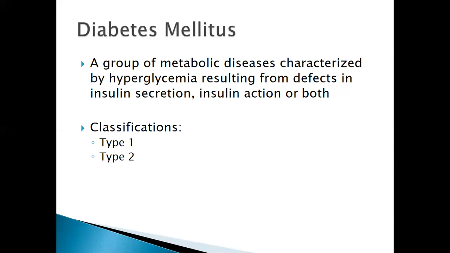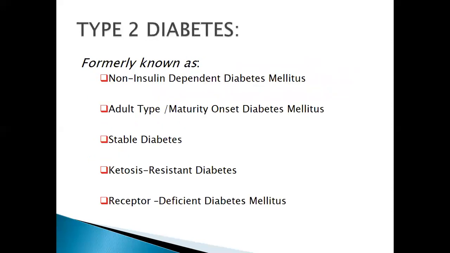Now your diabetes actually has two types. It may be type 1 or it may be type 2. Okay, so let's differentiate the two. Type 2 diabetes mellitus was formerly, okay, this was actually the nomenclature before, formerly known as non-insulin dependent diabetes mellitus. Why?